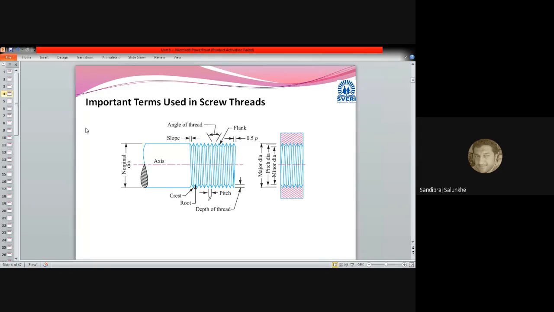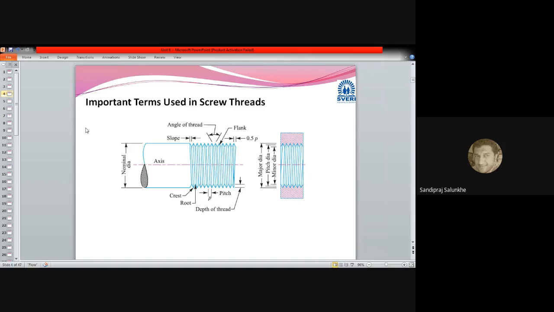As we are not going to design this thread, we are not going to check whether these threads are going to fail under shear or tensile loading or bending. That we are not going to see in this unit. But you might already have seen all these things in strength of materials. Here it is required to revise the terms which are used in the threads.